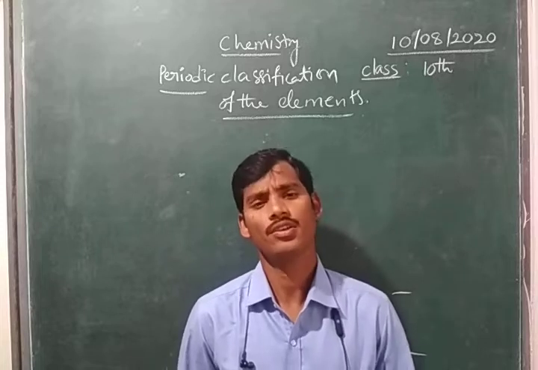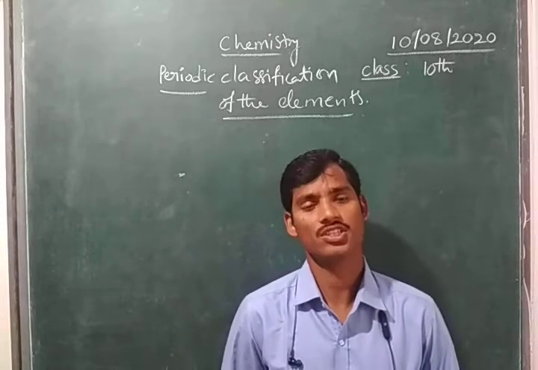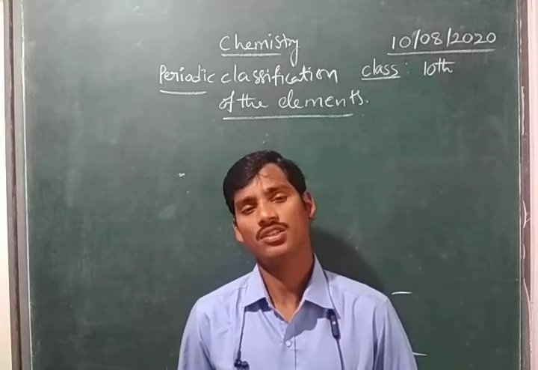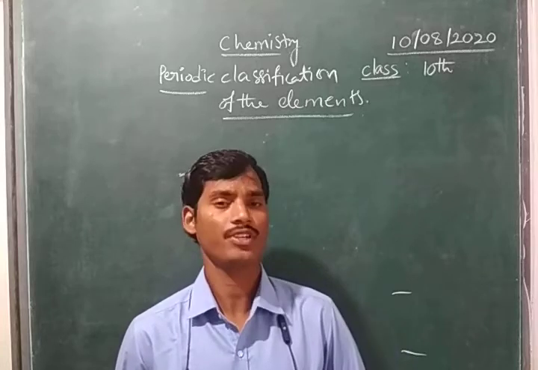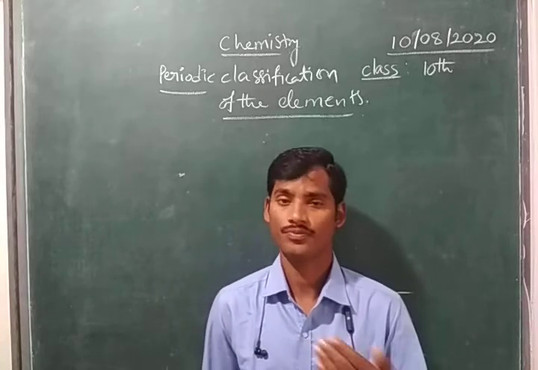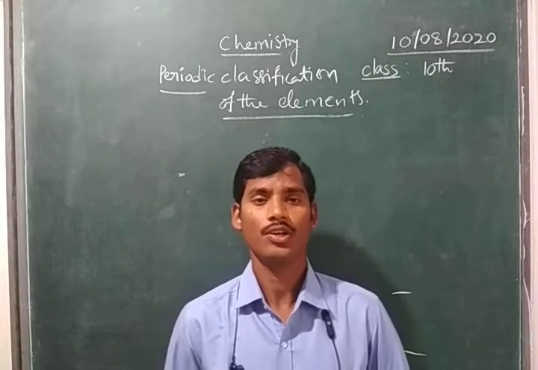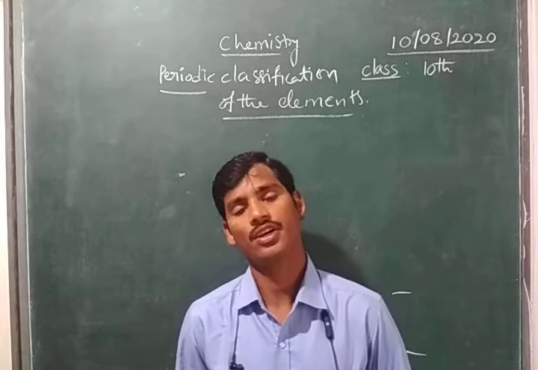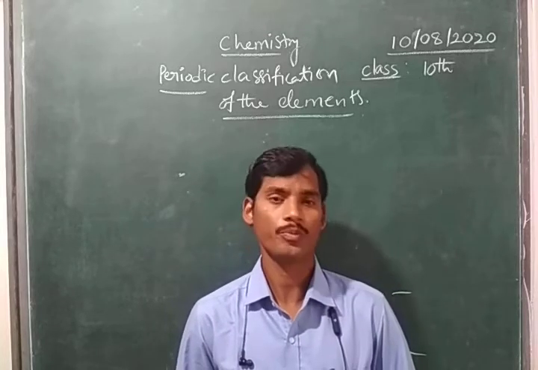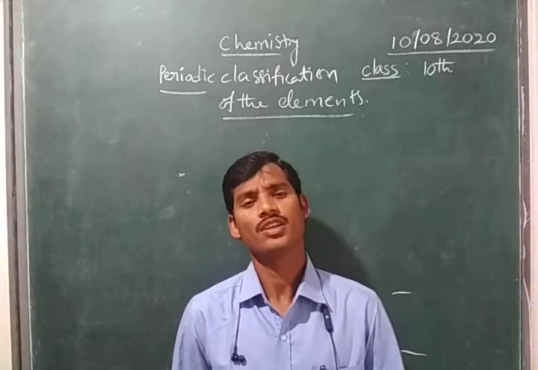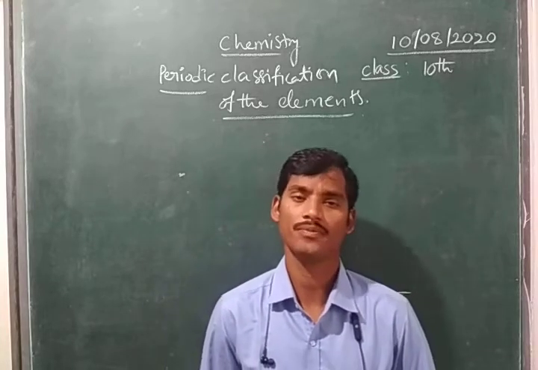Regarding periodic classification of the elements, we have finished half of the syllabus: Doberiner's triads law, Newland's octaves law, Mendeleev's classification of the elements, and the modern periodic table. Regarding the modern periodic table we discussed a lot of points, children.